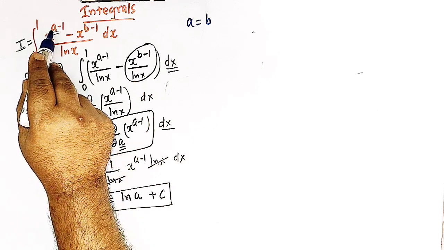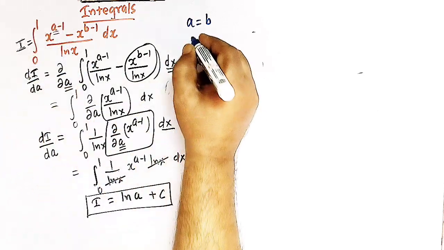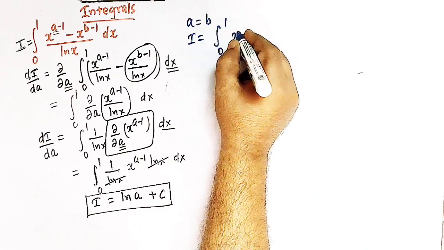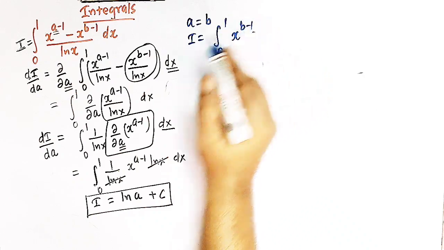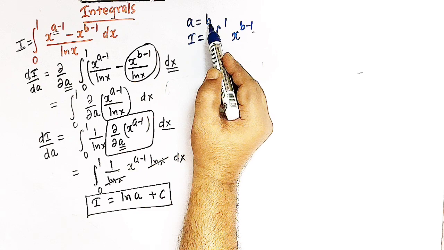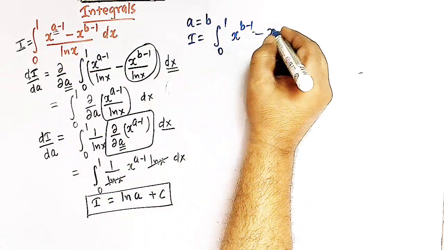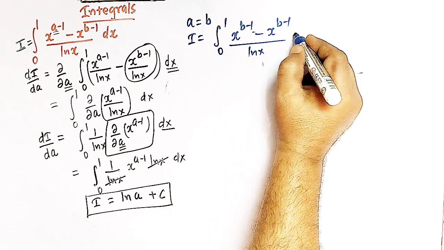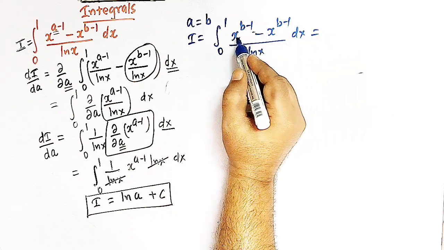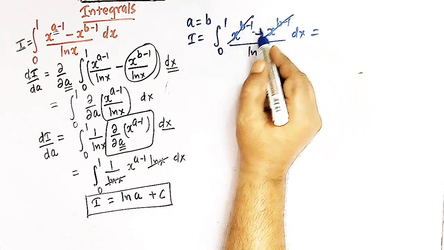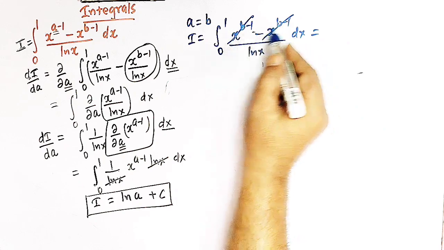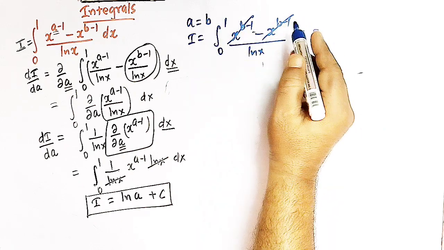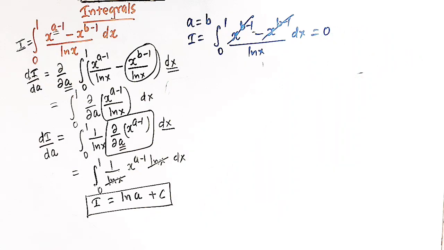Taking a is equal to b in this integral, we have I is equal to the integral from 0 to 1 of x raised to b minus 1, because we are taking a is equal to b, and here we have x raised to b minus 1 over natural log of x dx. And now these two terms get cancelled, so the integrand is now equal to 0, so the value of this integral reduces to 0.